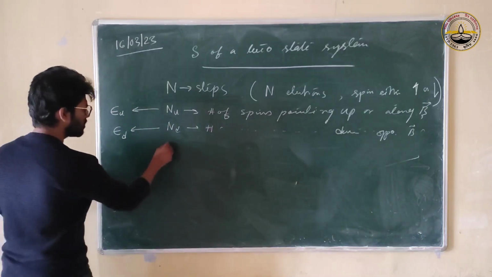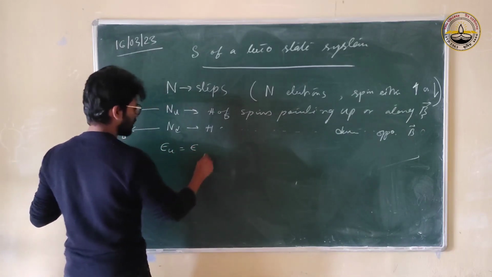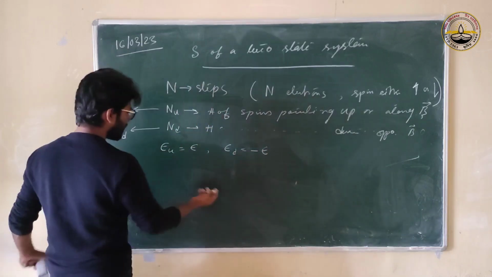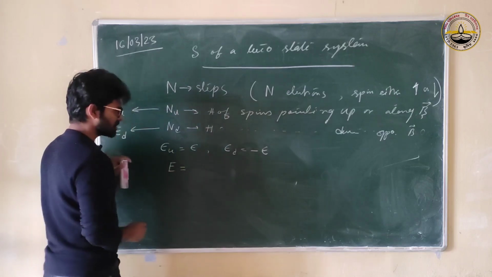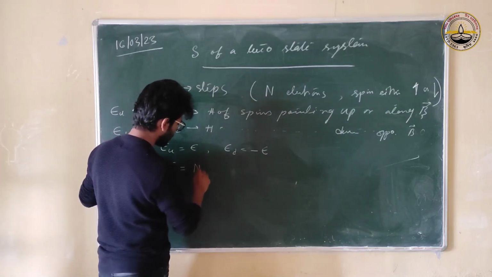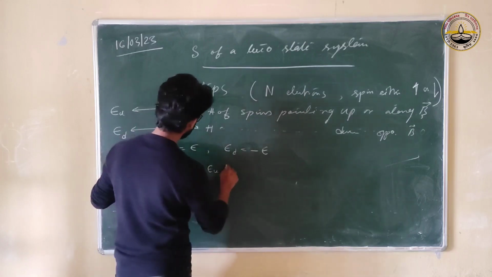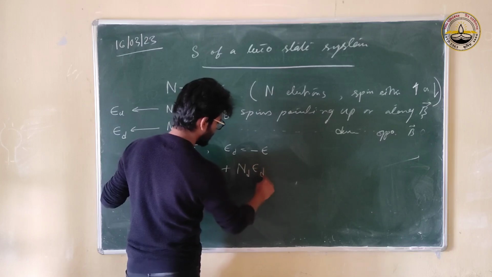Or E up equal to epsilon, and E down equal to minus epsilon. Then the energy of the system will be N up times E up plus N down times E down.